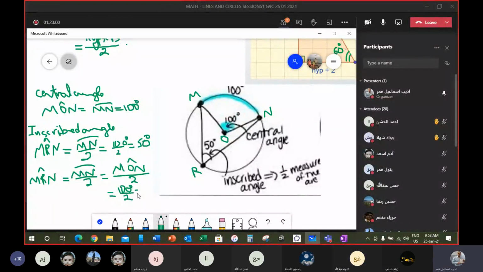So the inscribed angle is equal to half of the central angle if both are subtended by the same arc. Here the inscribed angle MRN and the central angle MON both have the same arc MN. So angle MRN, the inscribed angle, equals angle MON over 2, or arc MN over 2.